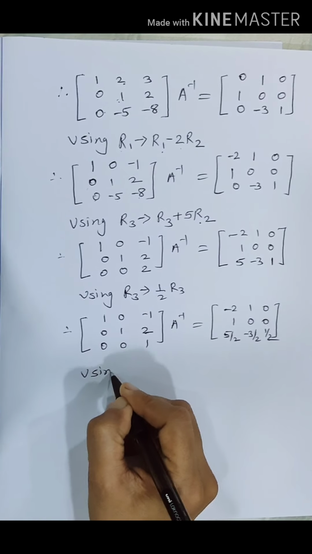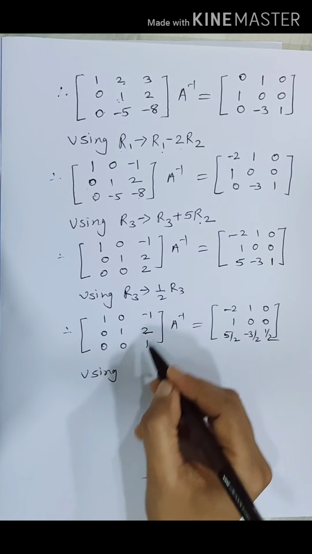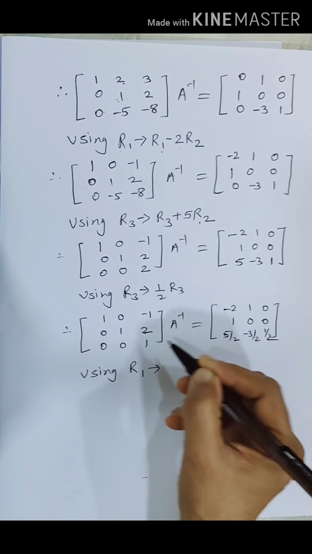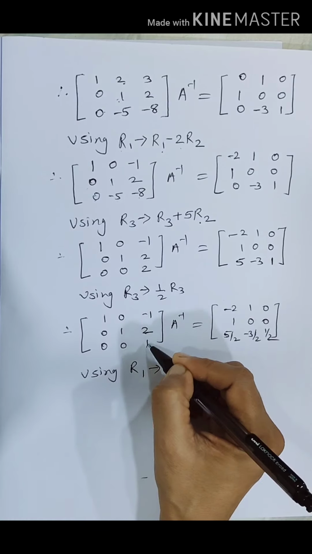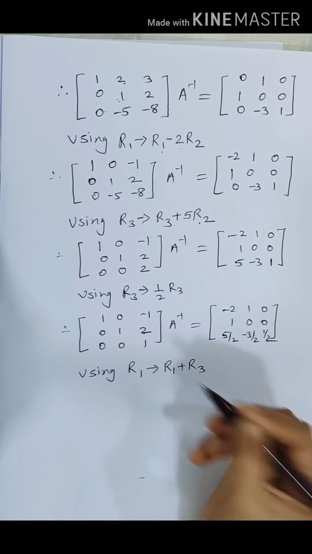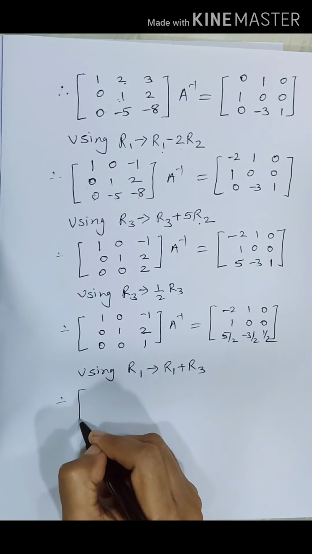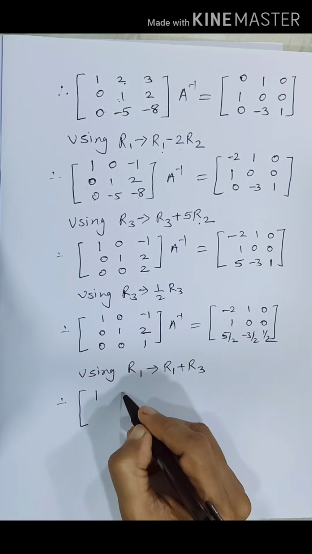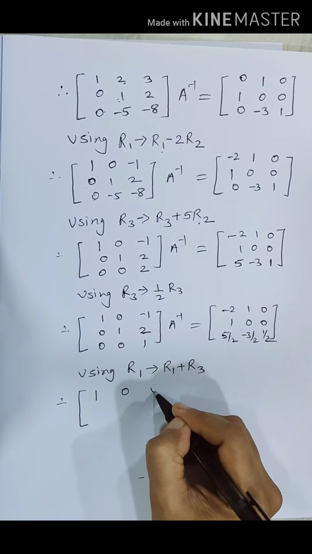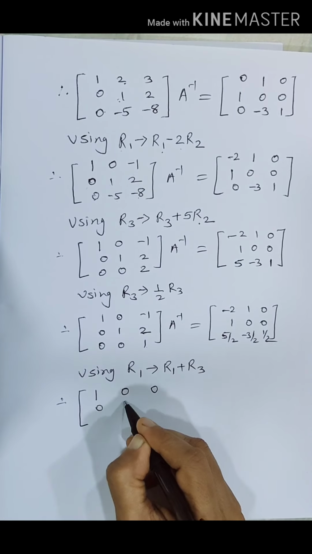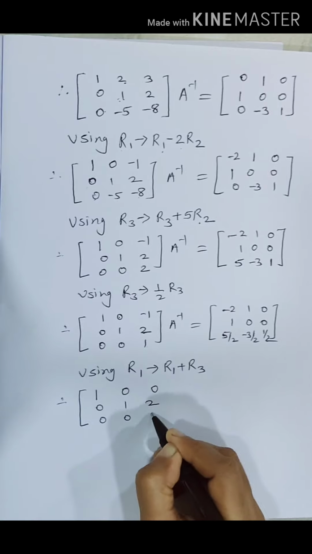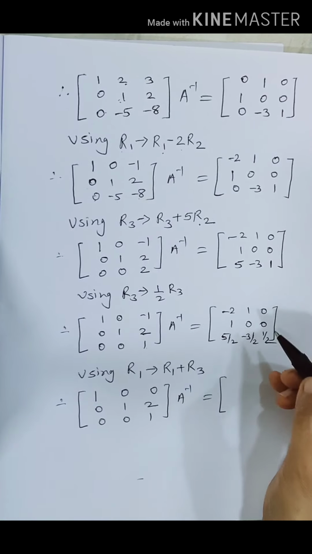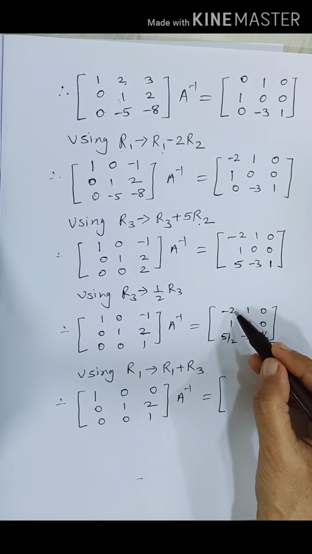Now suppose I want to get 0 here. So my next operation will be R1 changes to R1 plus R3. Therefore 1 plus 0, 1, 0 plus 0, 0, minus 1 plus 1 is 0, remaining 2 rows as it is, into A inverse is equal to, our operation is R1 plus R3.